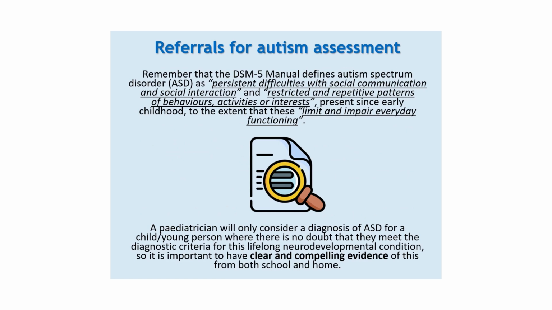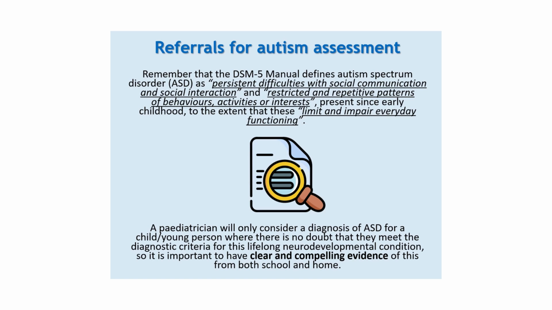Referrals for autism assessment. Remember that the DSM-5 manual defines autism spectrum disorder, ASD, as persistent difficulties with social communication and social interaction, and restricted and repetitive patterns of behaviours, activities or interests, present since early childhood to the extent that these limit and impair everyday functioning.